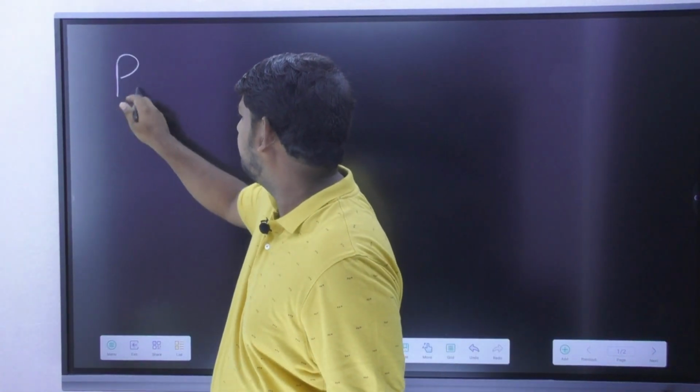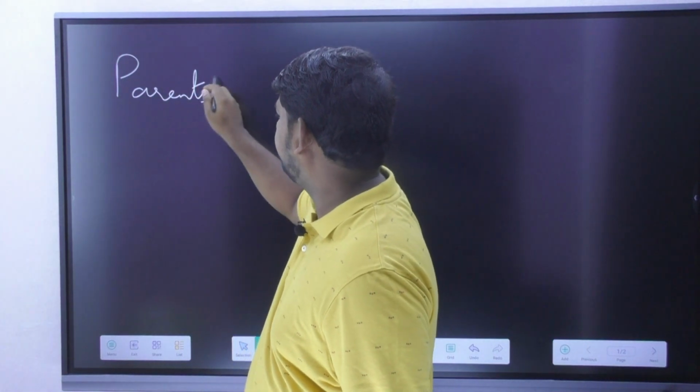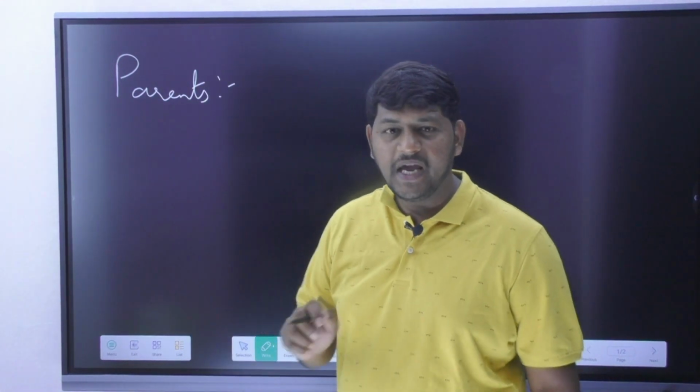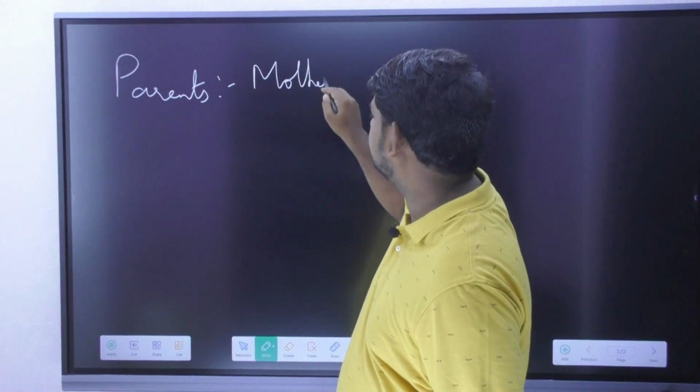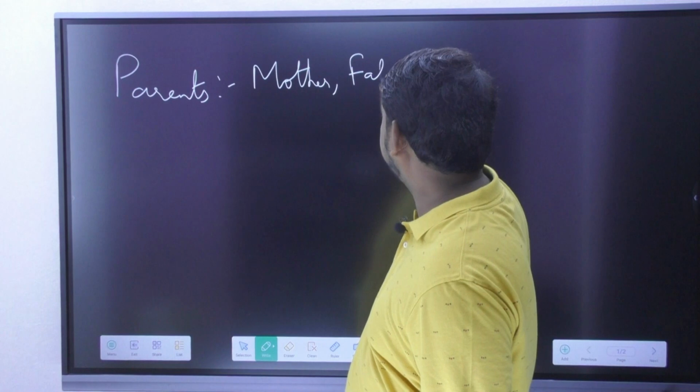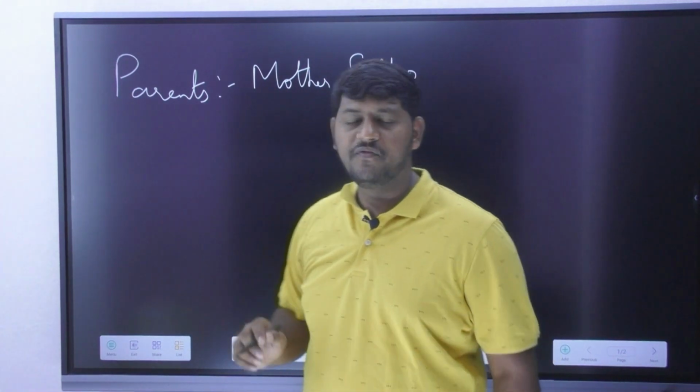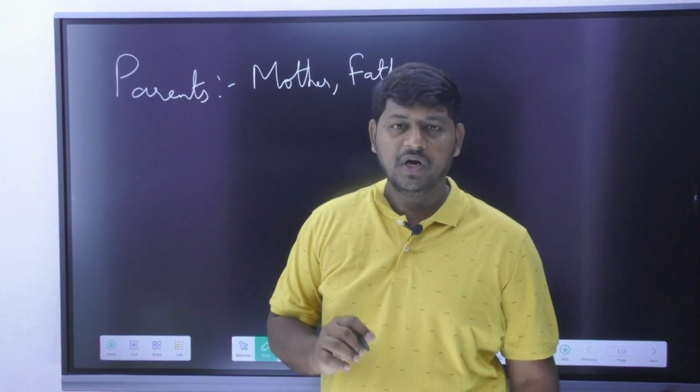Now when I say blood relations, the first and foremost important people on this planet that come to your mind are definitely your parents. Am I correct? Parents include both your mother and your father, correct? I'm just trying to give you the information based on their generations.